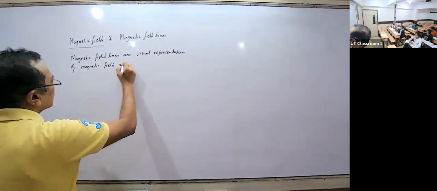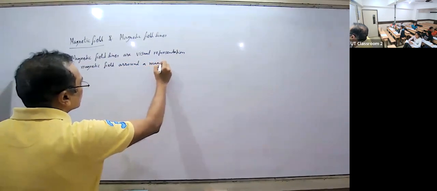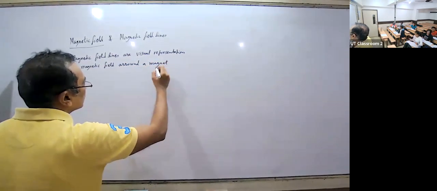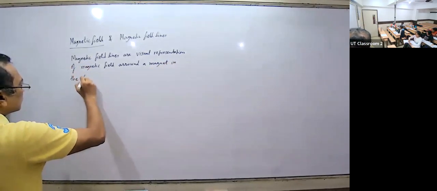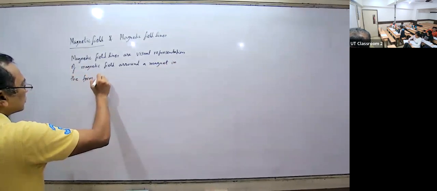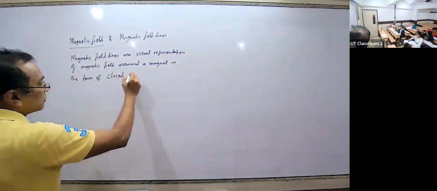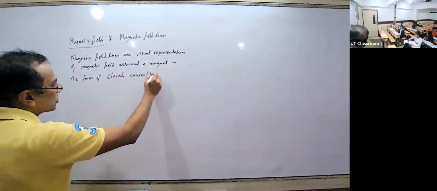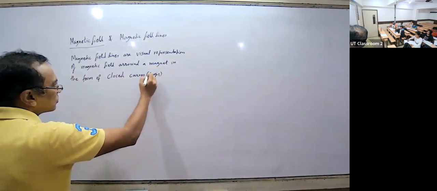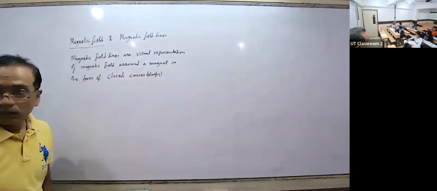Around a magnet in the form of closed curves or loops. Okay, these are the magnetic field lines.